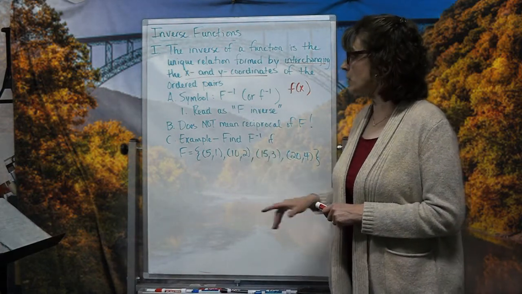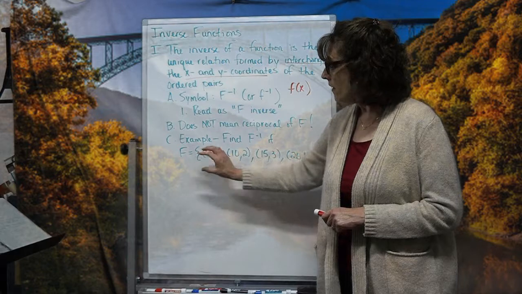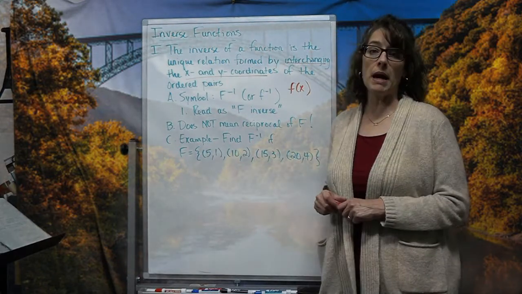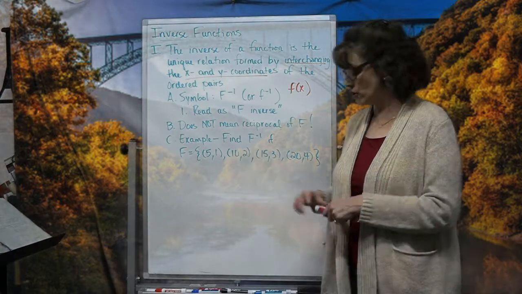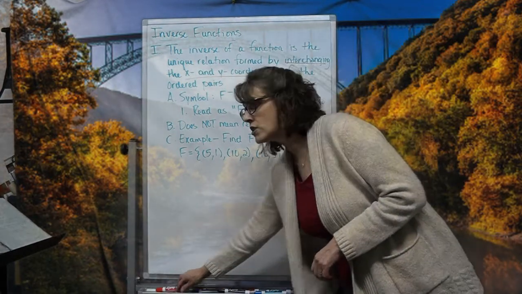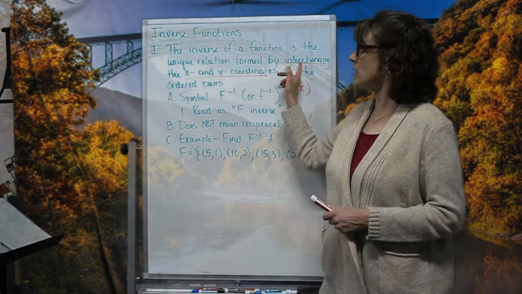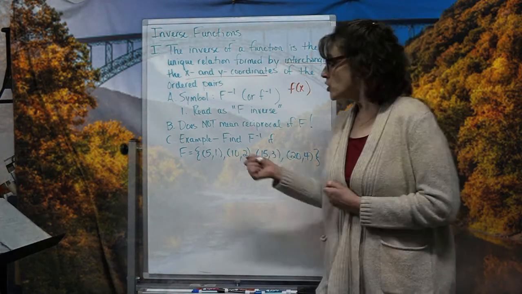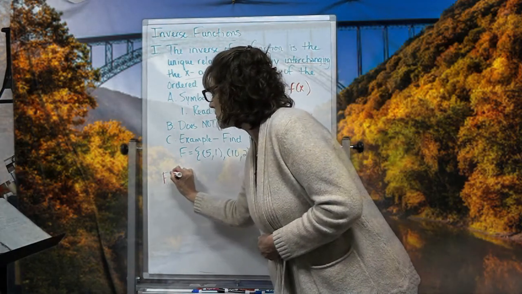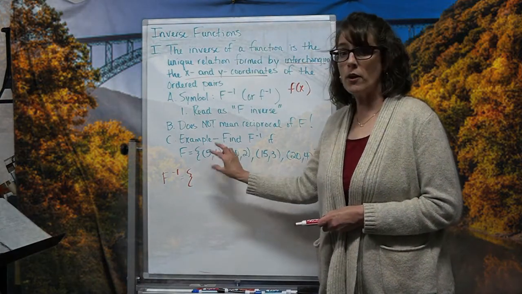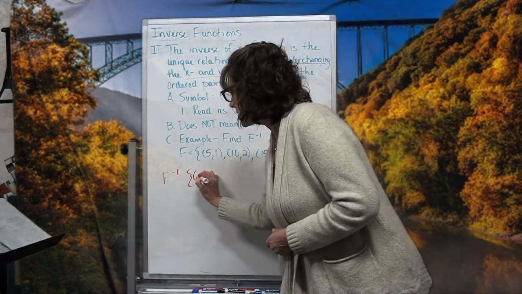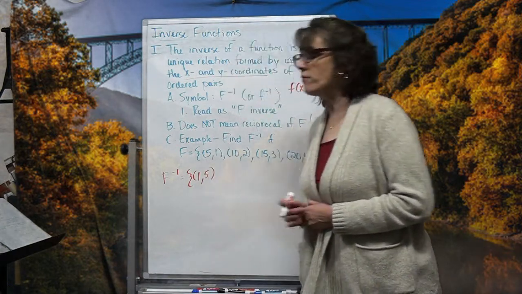So in this example, here's my f function. It is this string of ordered pairs, and I want to find the inverse. Remember, this means f inverse. In order to find that inverse, all we're going to do is interchange the x and y coordinates. So take this ordered pair and flip the x and the y: instead of 5, 1, it becomes 1, 5.